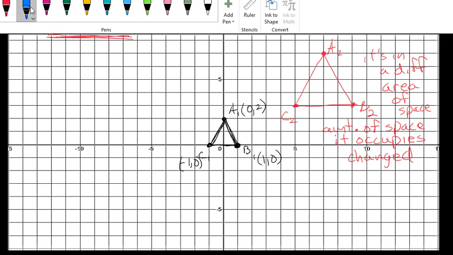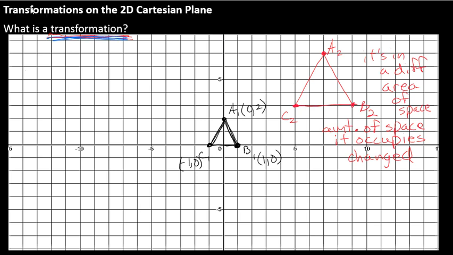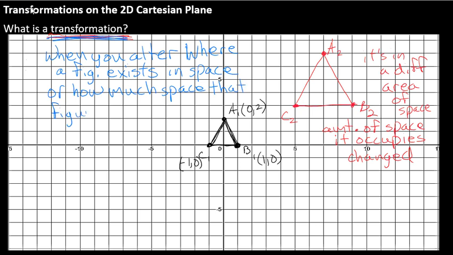A transformation is simply when you alter where a figure exists in space, or when you alter how much space that figure occupies.